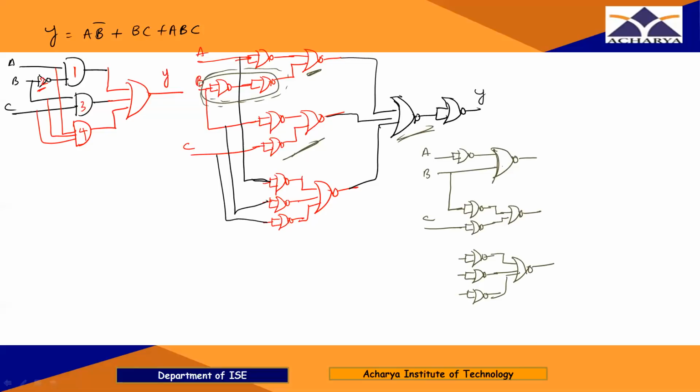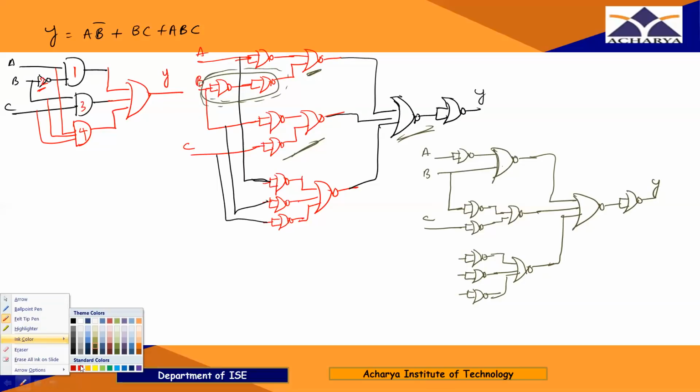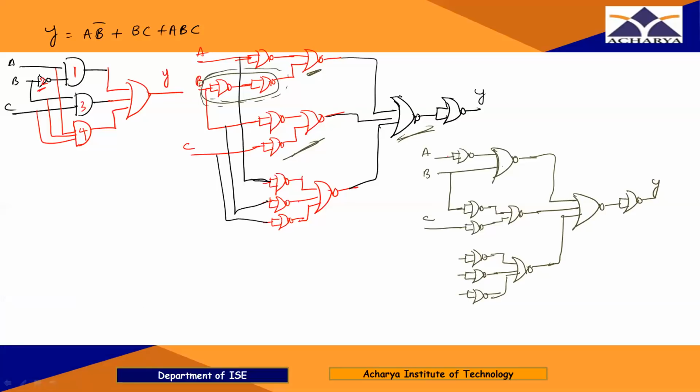Next I have to write this part. This is Y. Here I am going to connect ABC here. So this is A and this is B and this is C. This is the circuit.